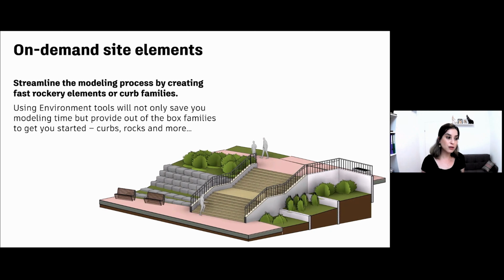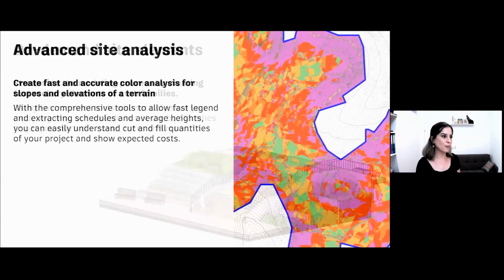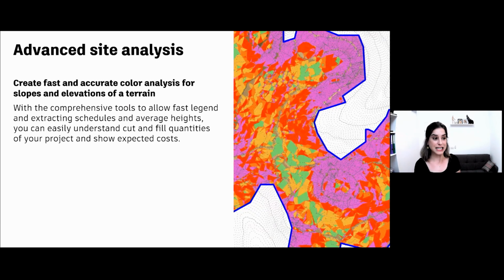So you can have out-of-the-box curbs from our environment tab, or some out-of-the-box rocks to create rockery elements. And you can also create advanced site analyses like slope analysis or elevation analysis, which if you're a landscape architect, you know how important it is in the beginning of a project to just be able to assess how much it's going to cost me.